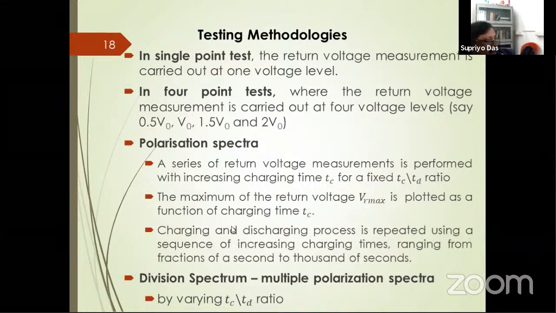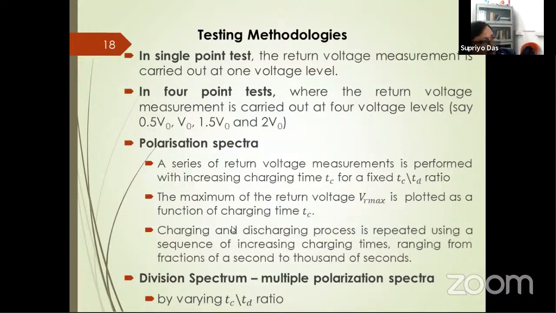Polarization spectra is a somewhat accepted method for return voltage measurement. What is done is a series of return voltage measurements is performed with increasing charging time, keeping the ratio of charging time to discharging time constant. That is, TC is the charging time, TD is the discharging time, and this ratio remains constant. If we assume TC by TD is 2, that means if we charge this material for 2 hours, we apply the voltage for 2 hours, we will discharge it for 1 hour.